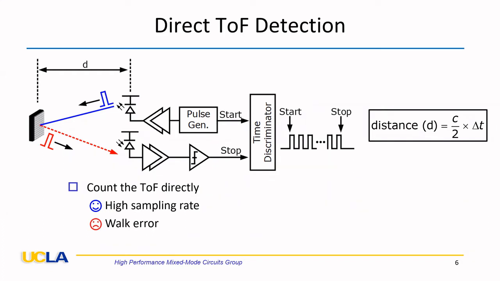At the same time, it starts a counter to count the time of flight. After the signal bounces back from the object, the receiver detects the arrival of the pulse and then stops the counter. We can then convert the time of flight to distance by multiplying by the speed of light. It has the advantage of a high sampling rate with one-shot measurement. However, the walk error, which is an input-dependent time offset, limits the accuracy of the measurements.